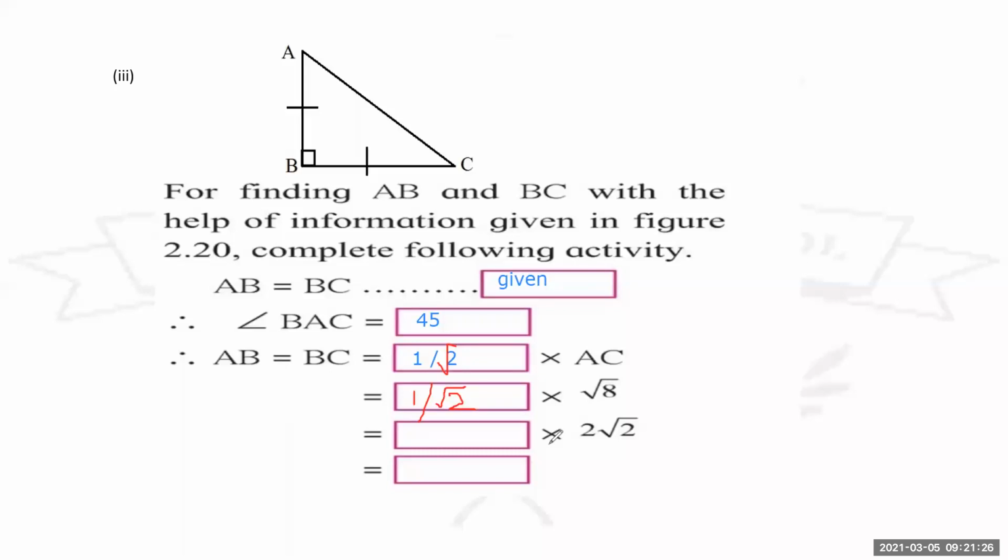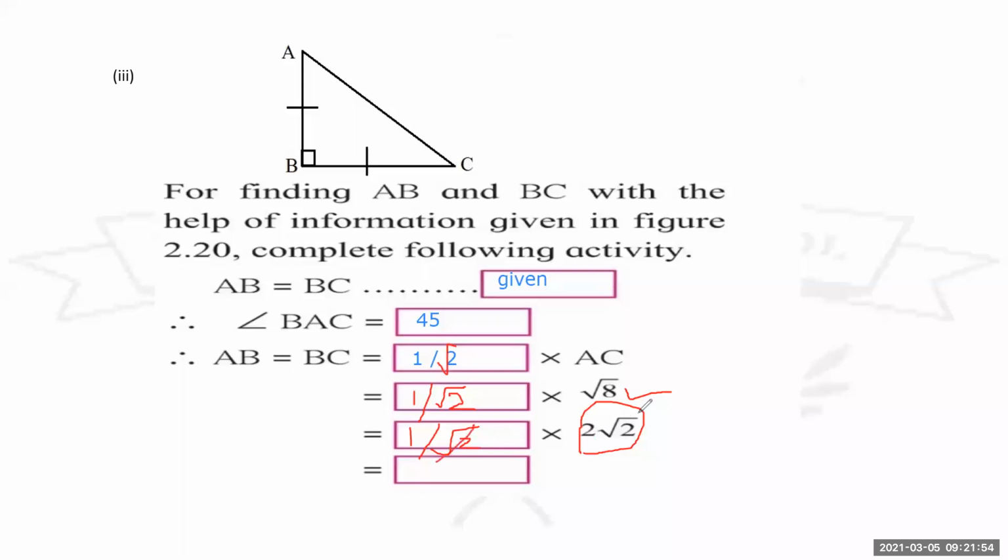Now why did they write 2 root 2? Can anybody explain me? Why have you got 2 root 2 here? 2 root 2 is the simplified form of root 8, as they have to cancel root 2 in the denominator. So 1 upon root 2 into 2 root 2.